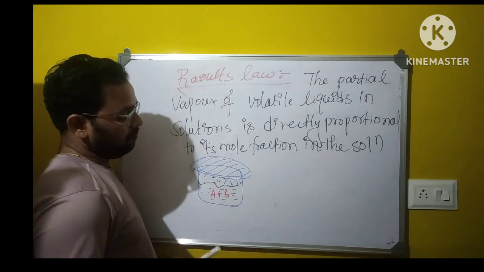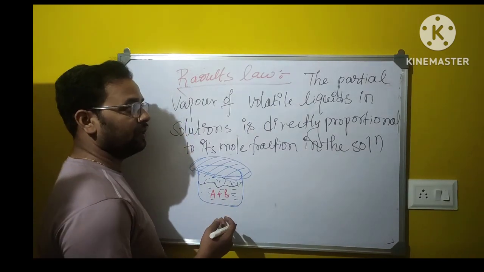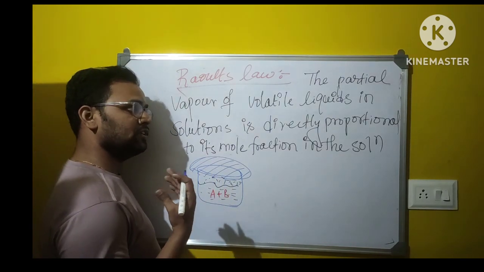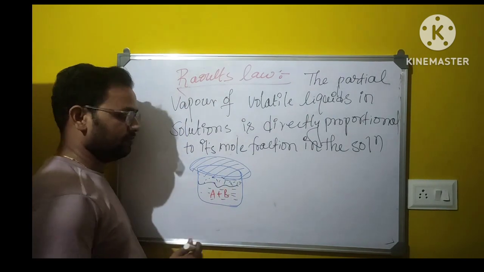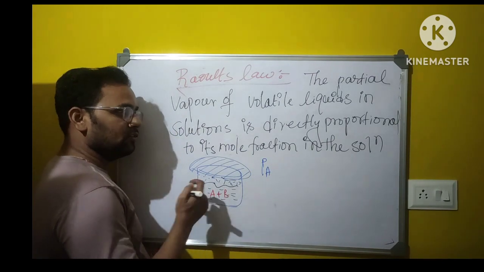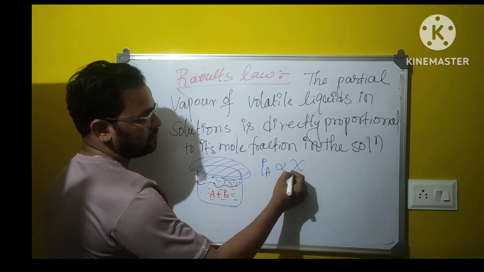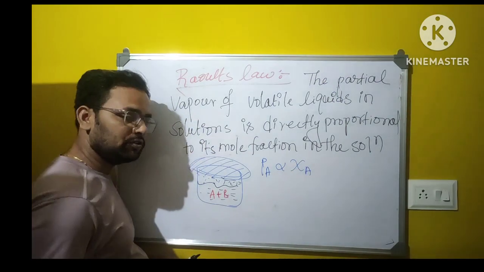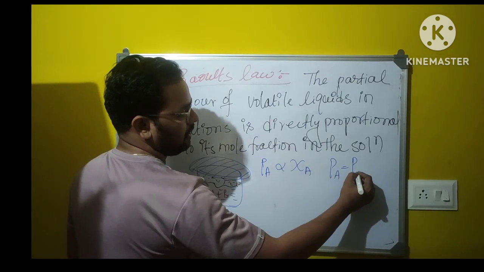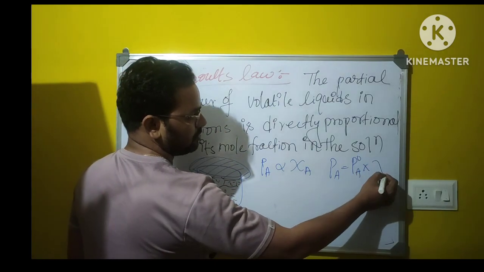The partial vapor pressure of a liquid in the solution is directly proportional to its mole fraction in the solution. Now Pa = Pa° × mole fraction.